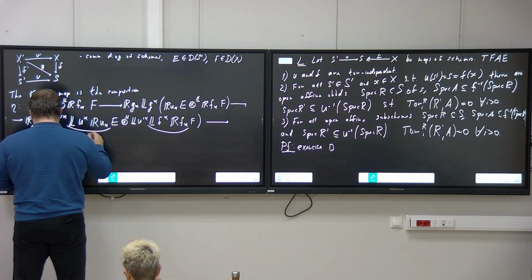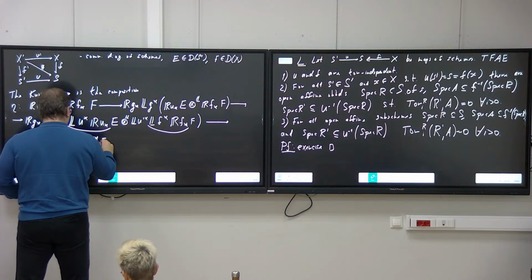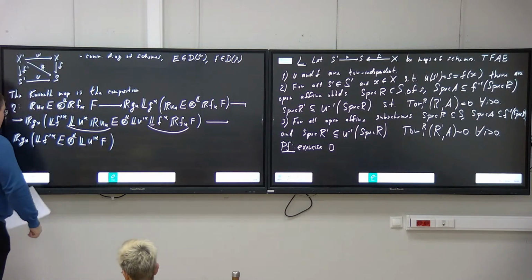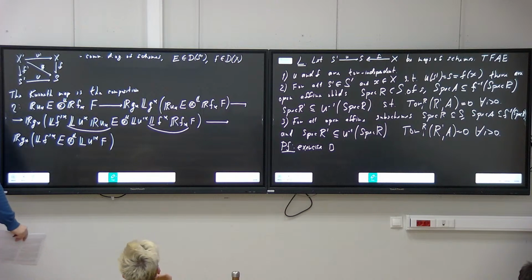So this will be pullback with the U prime of the F. Okay, so this composition is called the Q-unit map.